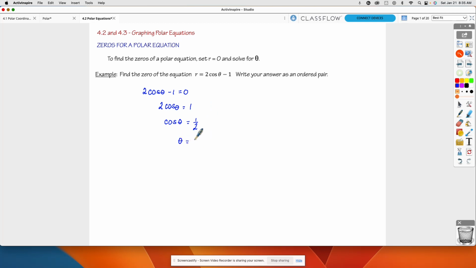And that is equal to pi over 3. So our theta is pi over 3 and our r is 0. It says write your answer as an ordered pair. So the zero of the function would be (0, pi over 3).